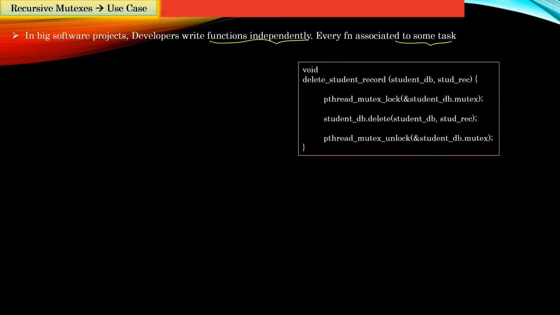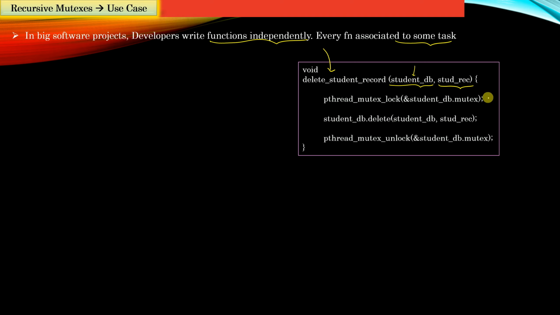Alright. So let us suppose that some developer writes this function. The purpose of this function is to delete a given student record from this student database. And let us suppose that it is a multi-threaded software, and this student database is a shared data structure across threads.